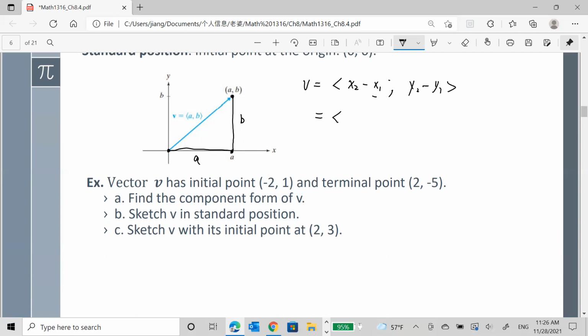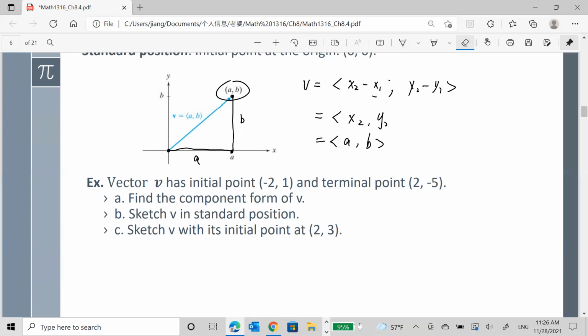So this one can be represented by x2, y2. We know that A, B are x2 and y2. So this one is A, B.